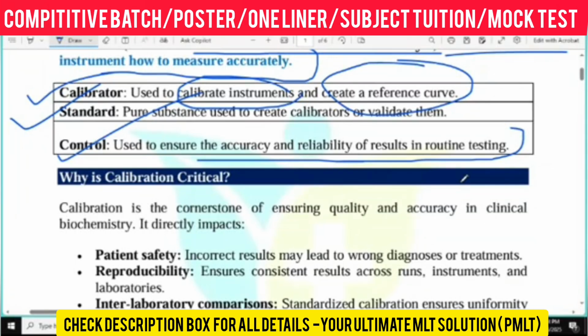So the first is the calibrator, the second is the standard, and the third is the control. The calibrator is used to calibrate the instrument and teach it how to run. The standard is a pure substance for taking the result of the test, and the control is used for maintaining the accuracy and reliability of this particular instrument. Understood?